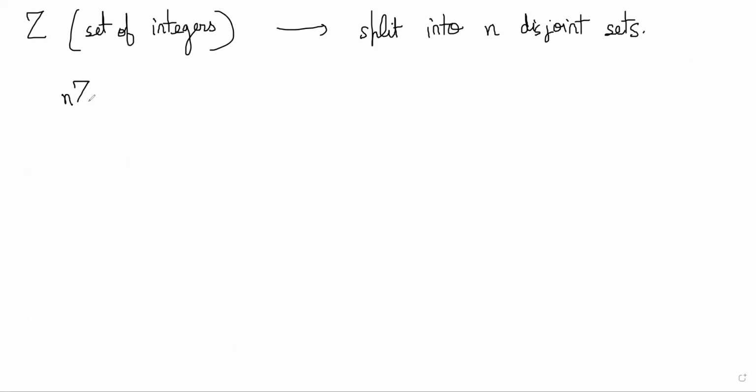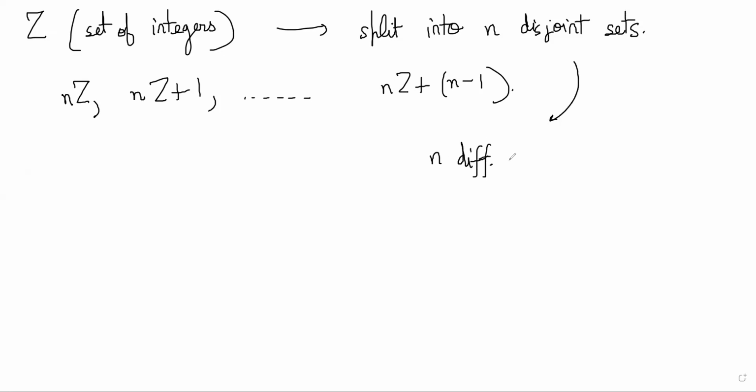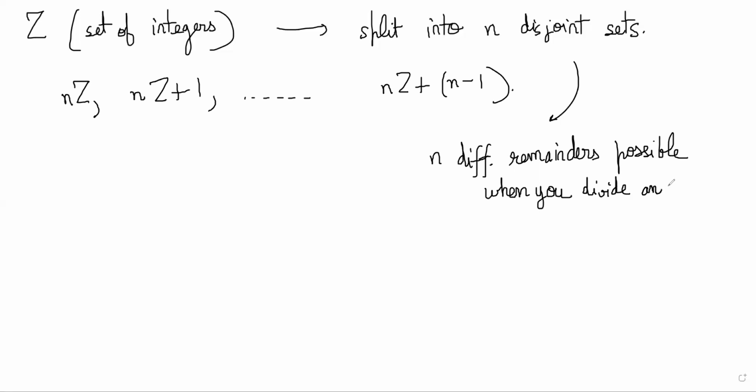Let's label them as nZ, nZ plus 1, nZ plus 2, and so on till nZ plus n minus 1. And what is the meaning of these sets? These are the n different remainders possible when you divide any integer by n.